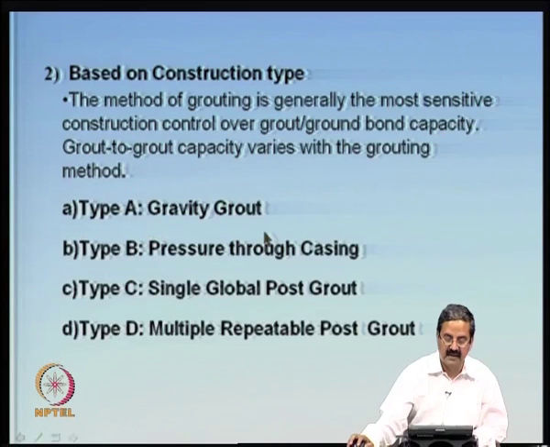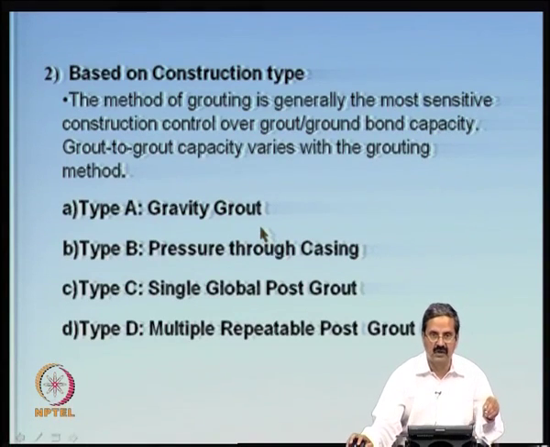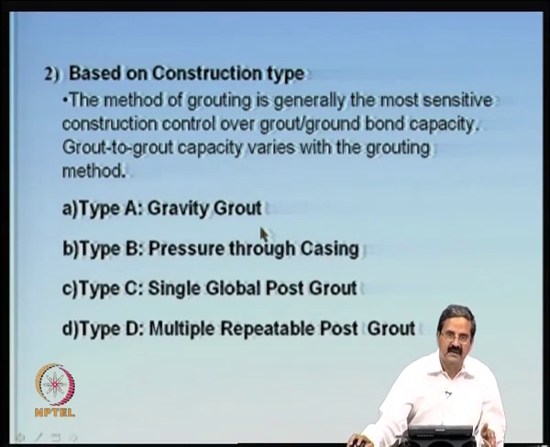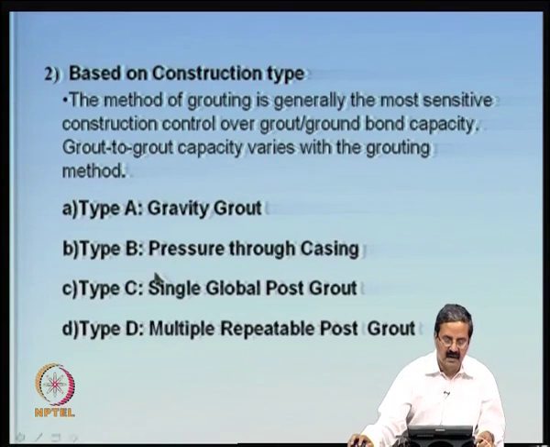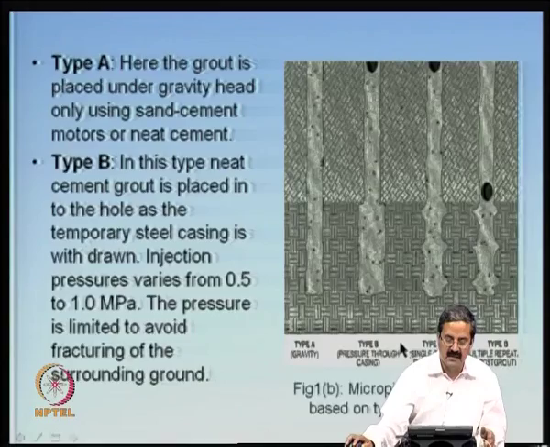So, you can have a gravity grout, where the grout is a cement mix, a cement plus sand mix, like cement 1:4. The water content could be a little high so that it has flowable properties. You can also have pressure through casing, then single global post grout, and multiple repeatable post grout. You will see what this grouting is.